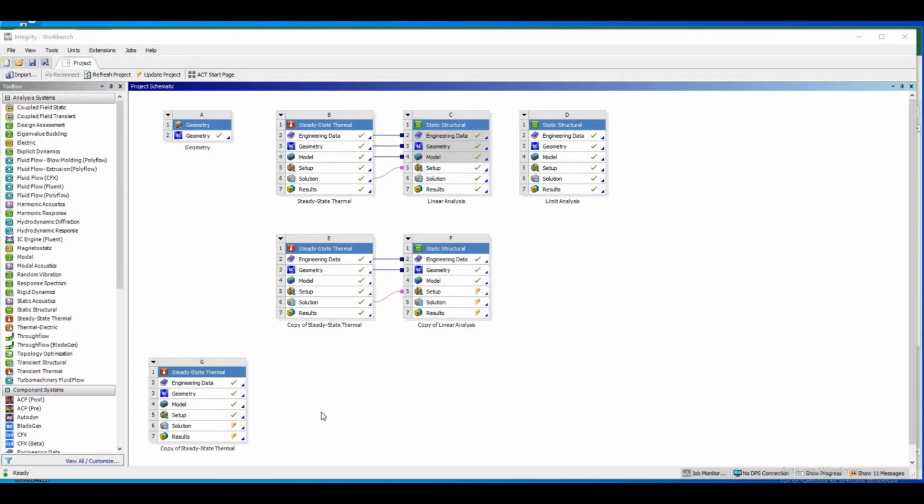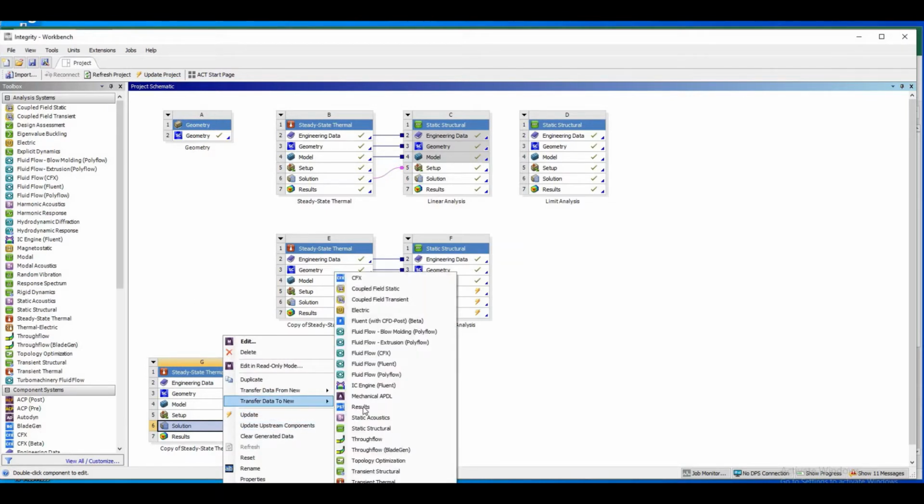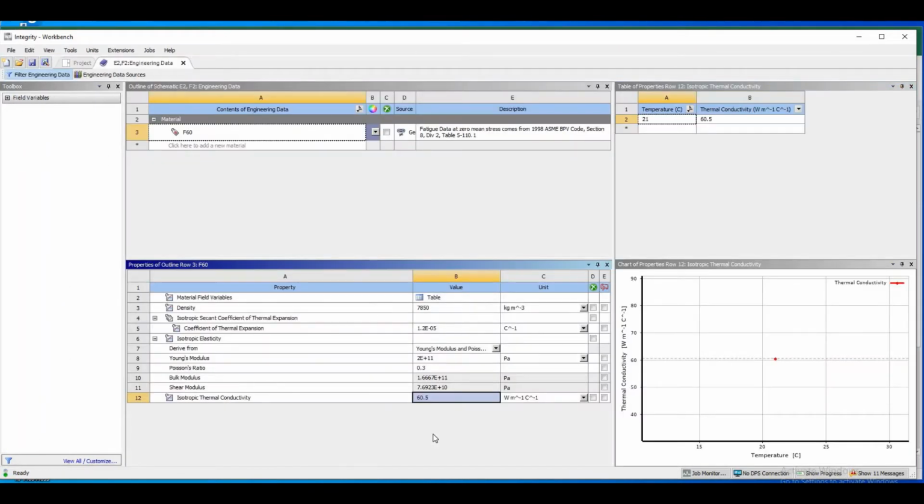In the workbench window, first we will transfer the temperature profile calculated to the static structural analysis module. To carry out the structural analysis, we will define these properties also: coefficient of thermal expansion, Young's modulus, and Poisson's ratio.